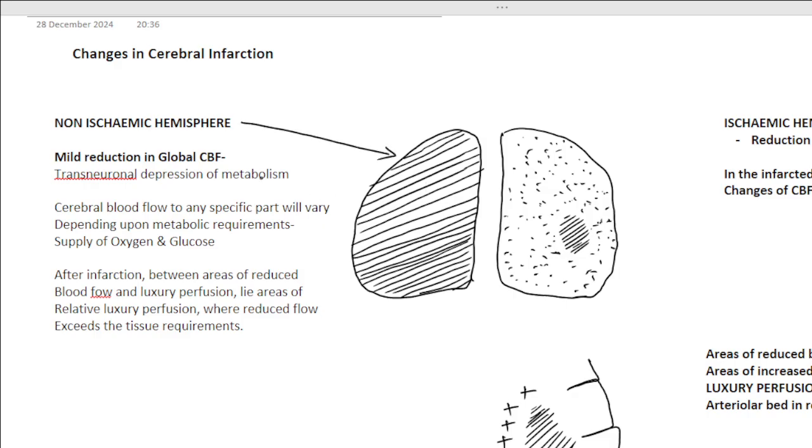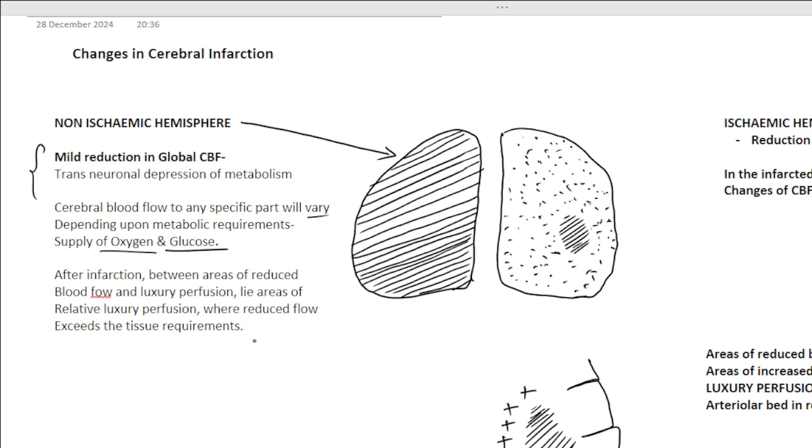What is happening? Mild reduction due to transneuronal depression of metabolism. Okay, and cerebral blood flow to any specific part will vary depending upon what? Metabolic requirements. That is the supply of oxygen and glucose at any time.